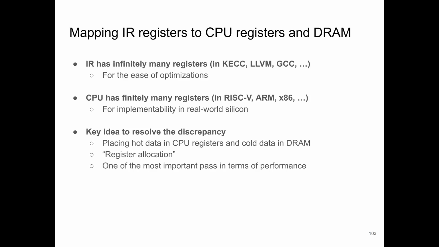Without wisely placing IR registers into CPU registers, all the IR optimizations we have done so far, including register promotion or GVN or dead code elimination, will not help a lot, because the data will still go to DRAM. It doesn't affect the performance of the generated code a lot, because we are still going to DRAM. It is going to ruin the performance.